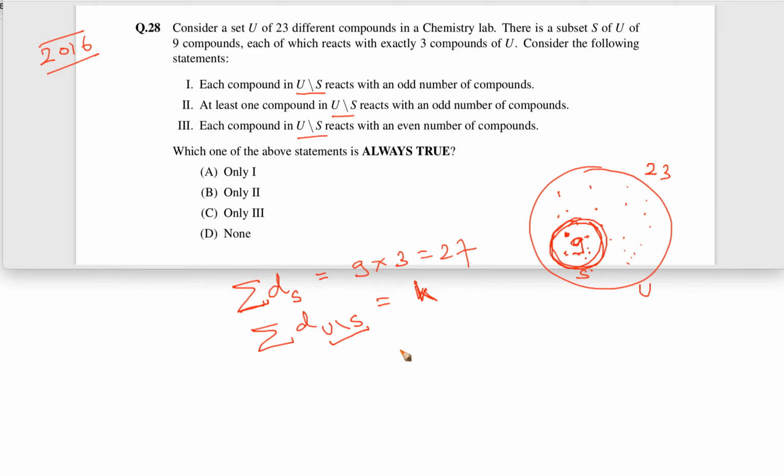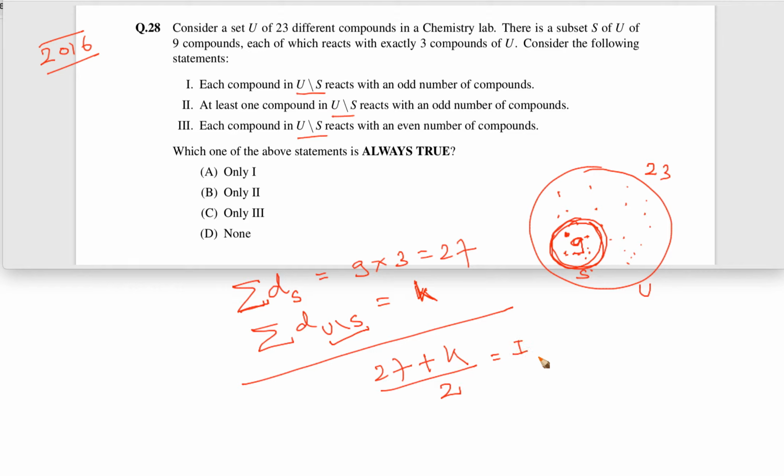Now we'll try to understand the relation. The relation is that among the entire thing, the degree 27 and the degree K, this total divided by 2 will give us the number of edges, which is an integer.